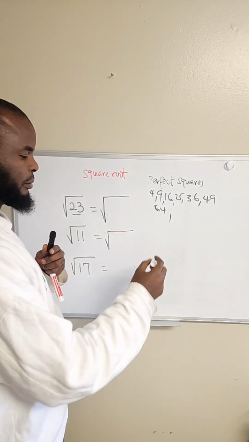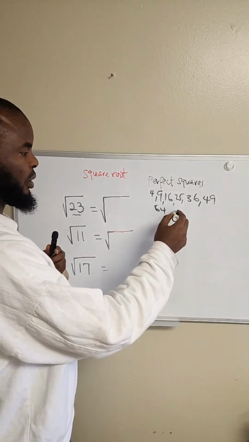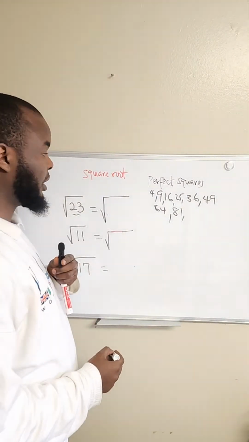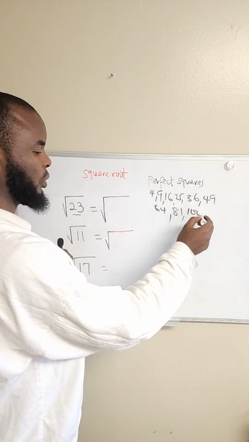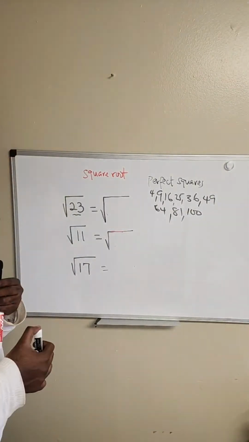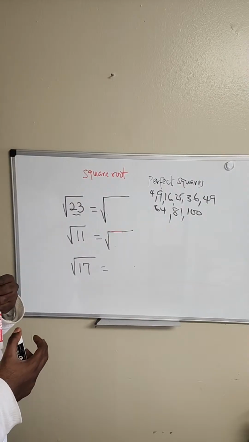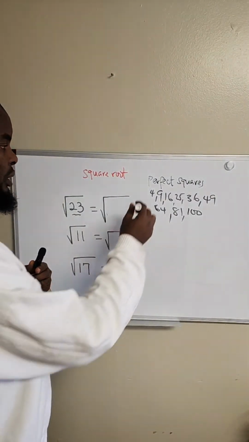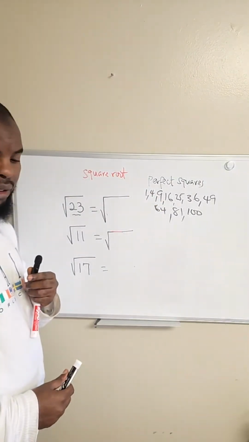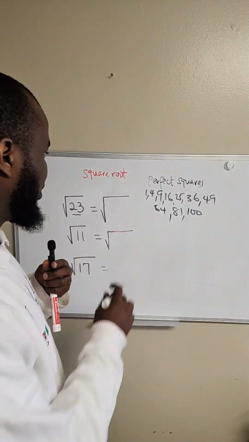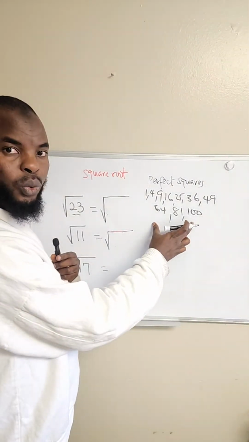We have 81. We have 100. Yes. These are the basic perfect squares from 1 to 100. Even I can include 1 if I want. So now, if you look at this, these are the perfect squares.